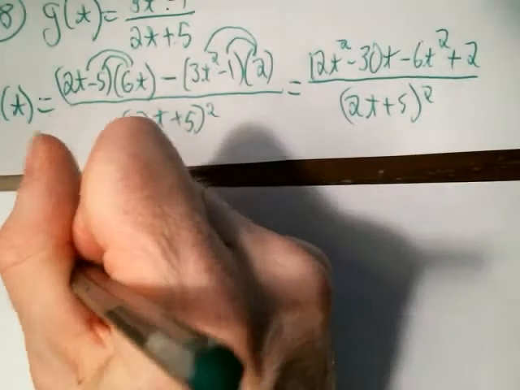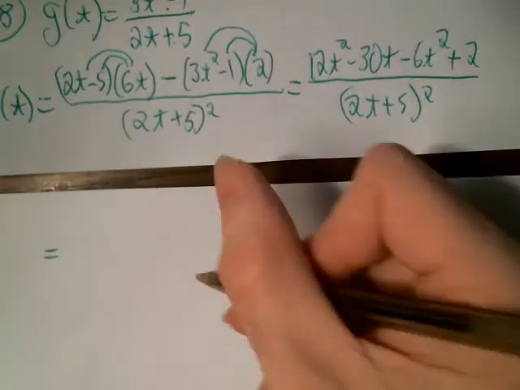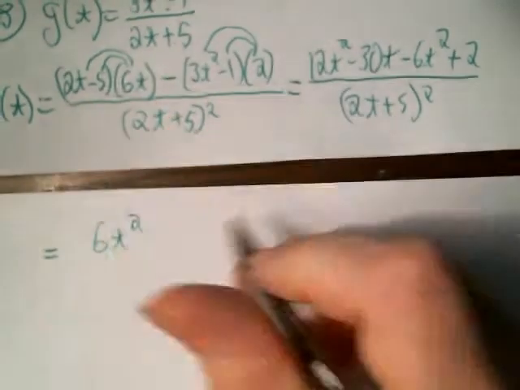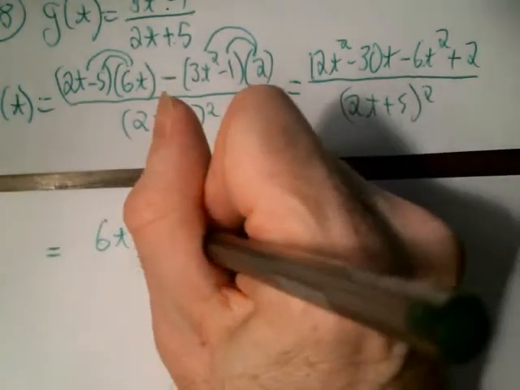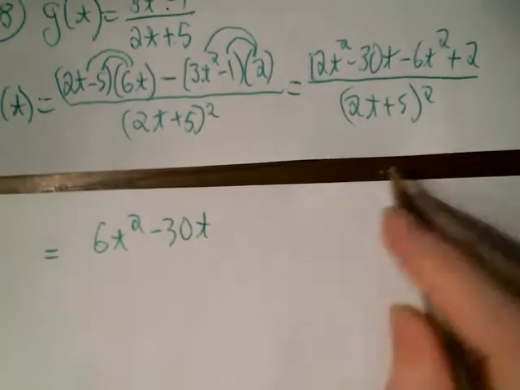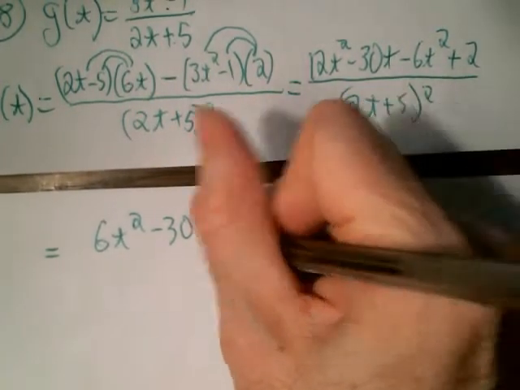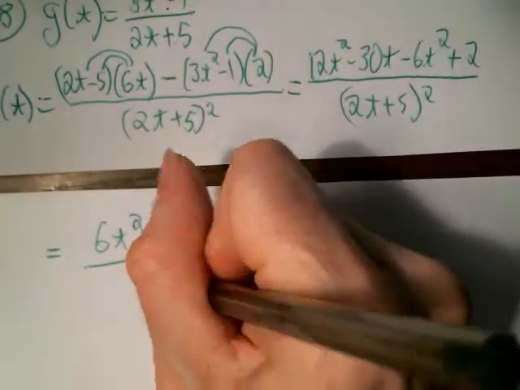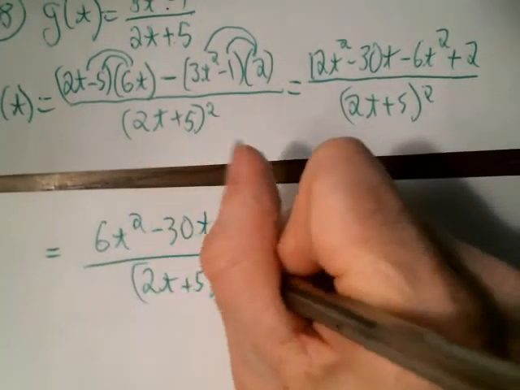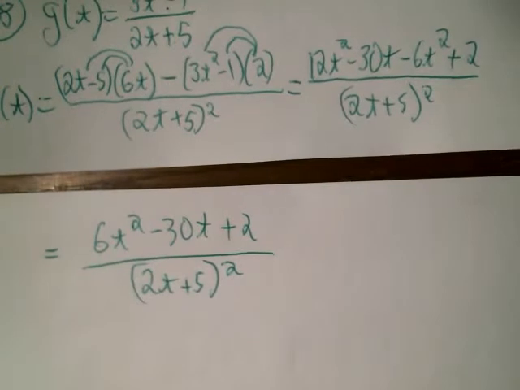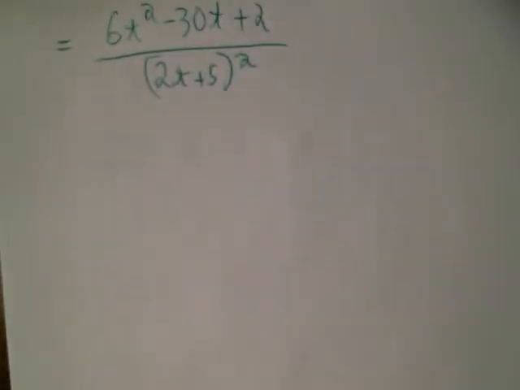Combine like terms. So 12t squared minus 6t squared is 6t squared. Negative 30t then. And then plus 2. Okay, well, it looks like as far as we can go with that. It's not going to simplify any further, so we'll leave it there.